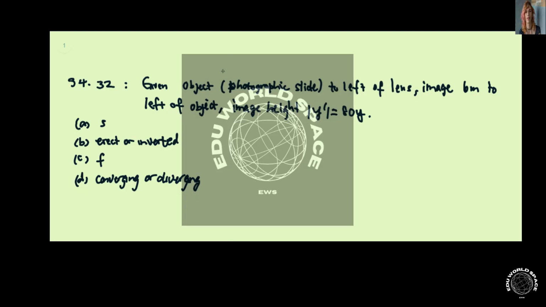Given that the object is to the left of the lens, this part of the statement implies that S is greater than 0. So the object distance itself is positive because it's on the incoming side of the lens. And from this statement, the image is 6 meters to the right of the object.